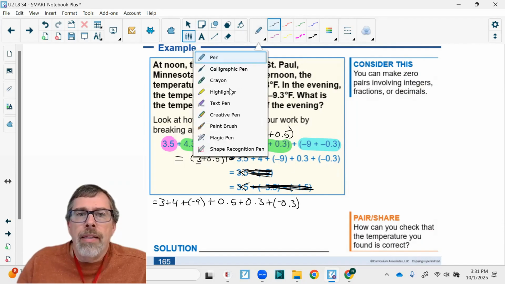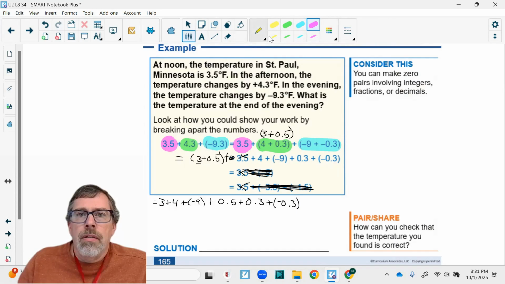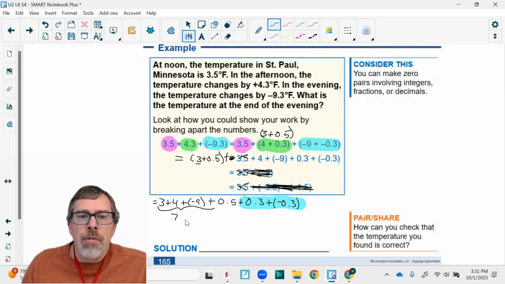Okay, at that point, I want to point out to you that 0.3 plus a -0.3 is a 0 pair, which means they equal 0. So we can just ignore them. So I'm going to combine these. So it's 7 plus -9 plus 0.5. That's what we're left with.